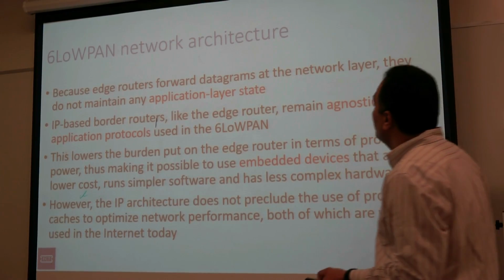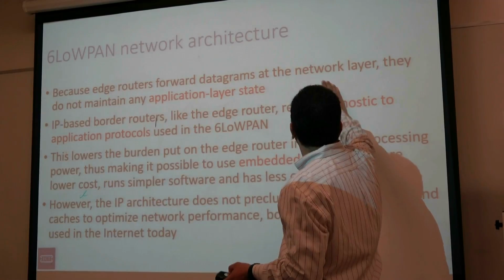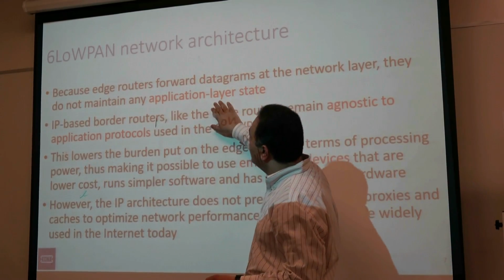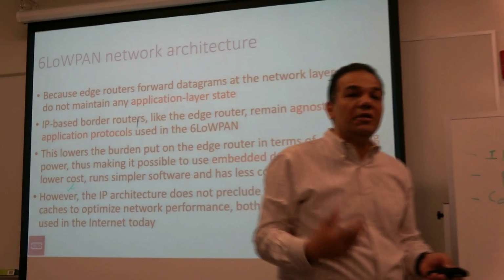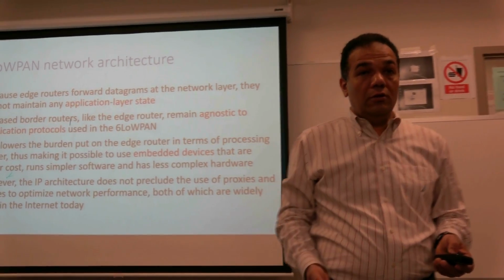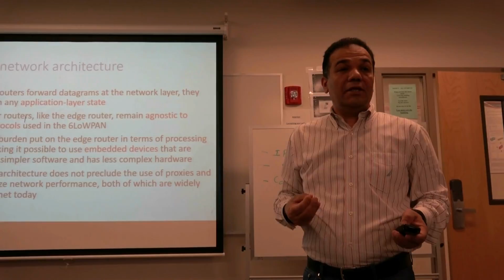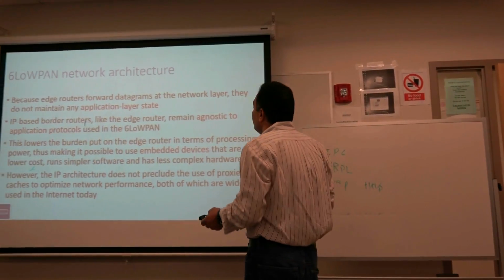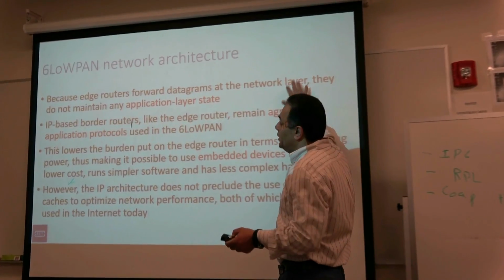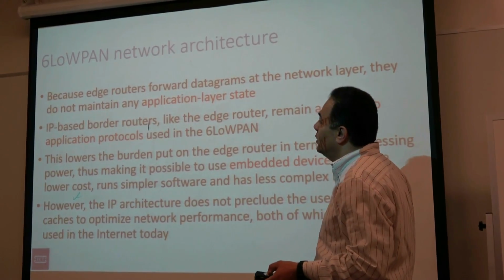The edge router forwards datagrams at the network layer, and they do not maintain any application layer state. That means they are independent of the application used, okay? Stateful doesn't mean state memory. You try to memorize what application does not need to have that. So it's completely independent from the application layer.